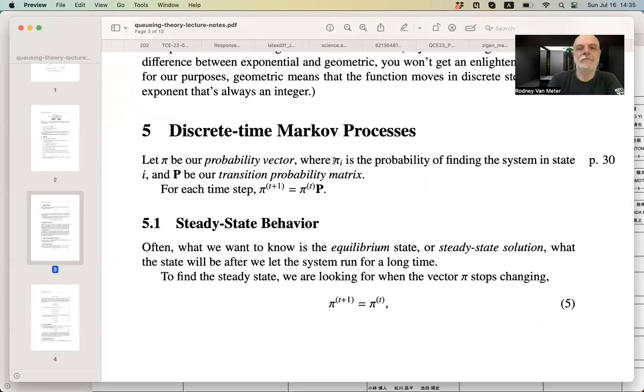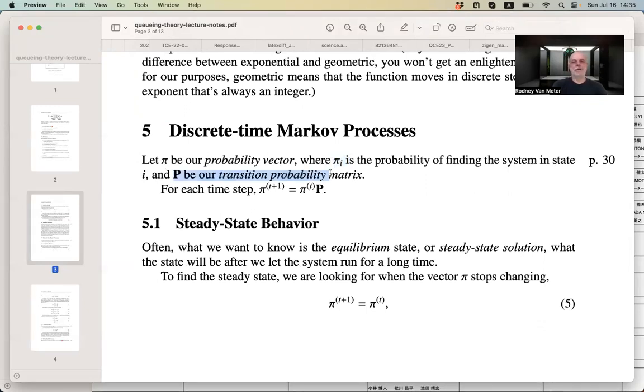Well, we're going to use a vector, which we'll call pi. And that will be our probability vector that says we're in a particular state. So if there are n possible states, then our vector pi has n entries in it, and pi sub i is the probability that the system is in state i.